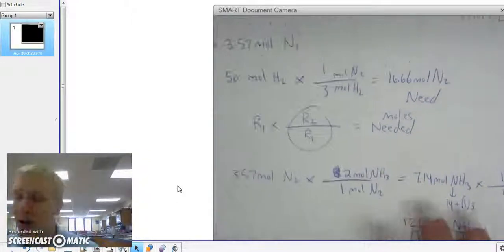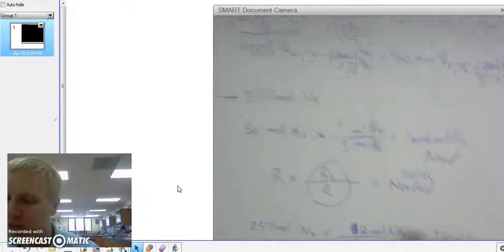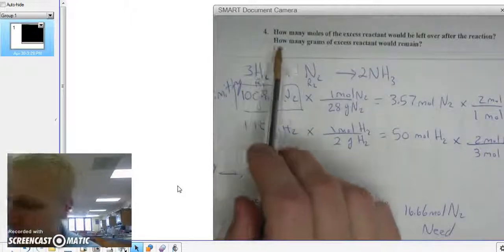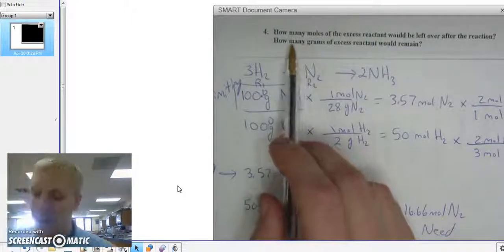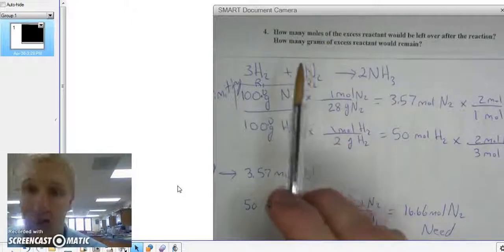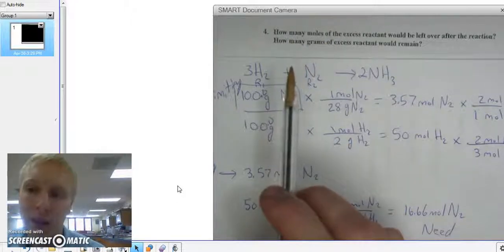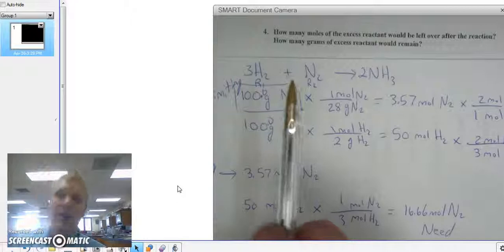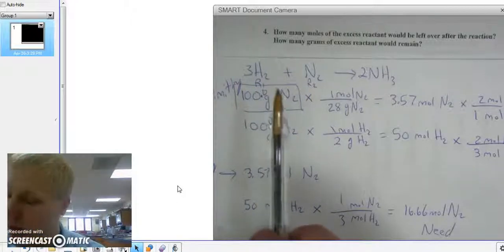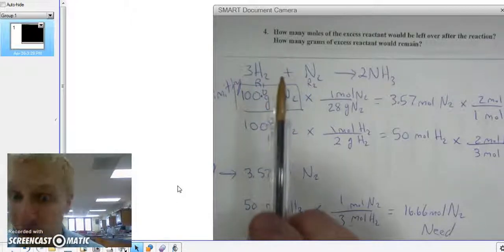Alright. Now we're going to find the excess reactant that's left over. You might have a question that says how many moles of excess reactant would be left over after the reaction. First, what you have to do is find out how many moles of excess reactant are used up.